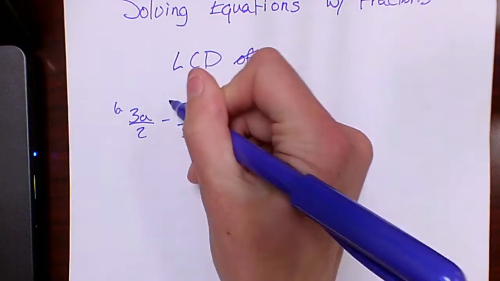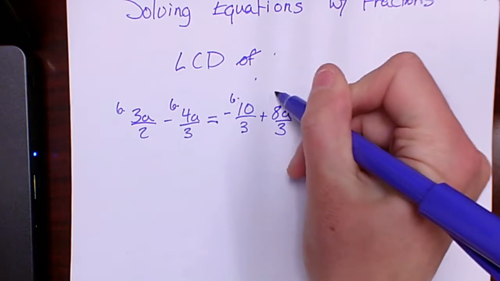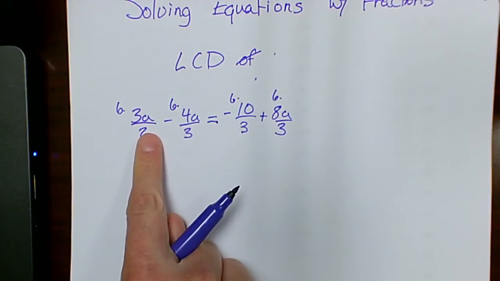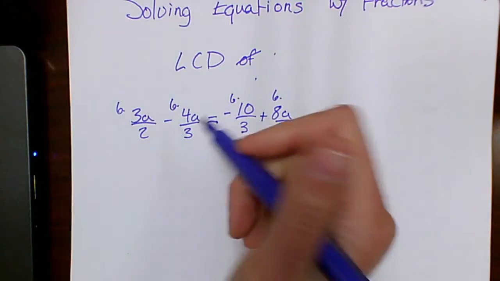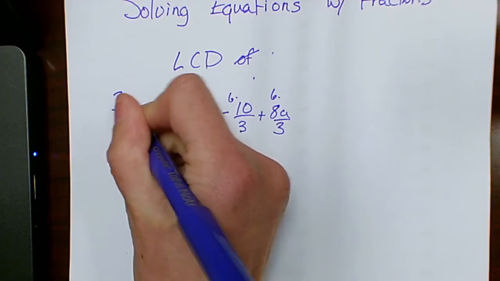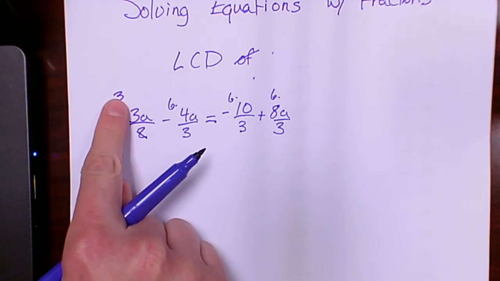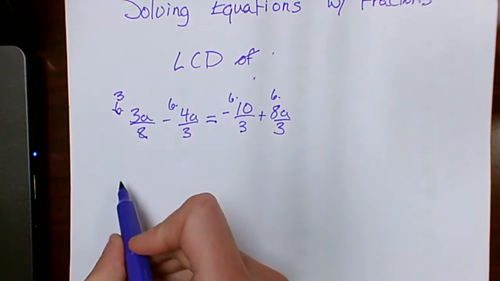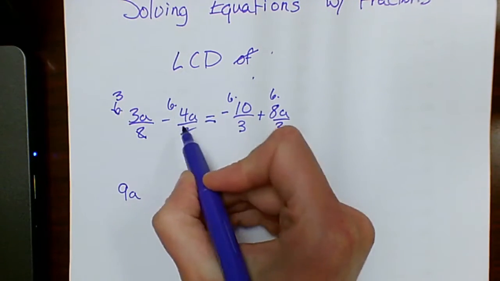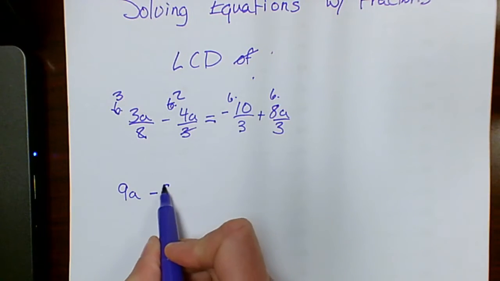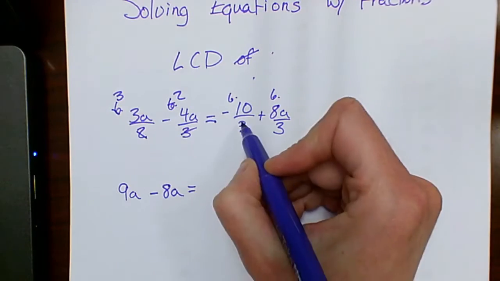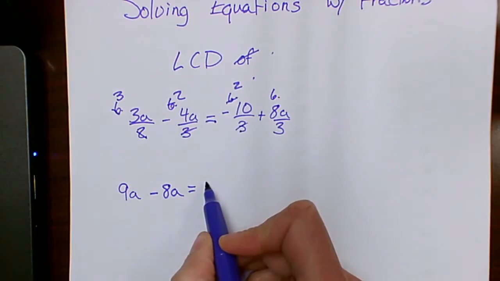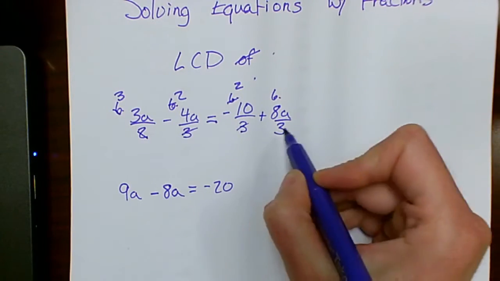So you are going to take 6 and multiply it by every single term. 2 goes into 6 3 times. Your leftover or remaining number will be multiplied by the numerator. 3 goes into 6 twice, so we'll have a negative 8a. 3 goes into 6 twice, so we'll have a negative 20.